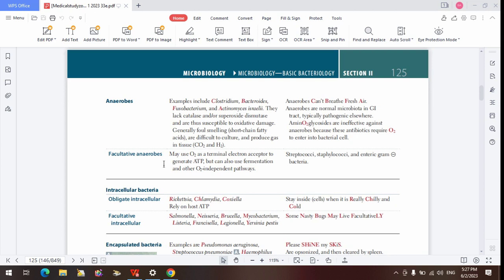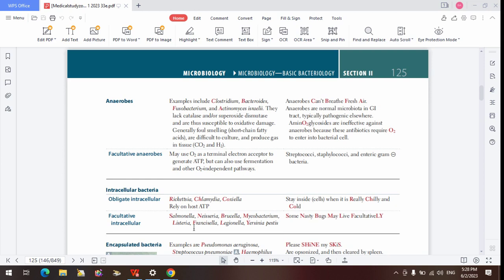Some of the electrons transmitted in the electron transport chain get transmitted to oxygen, which converts the oxygen to water. So you transfer electrons to oxygen, you get water, and they use that oxygen accepting electrons to generate energy in the form of ATP. They can do that when there's oxygen, and if there's no oxygen, they can go through the anaerobic pathway and ferment their polysaccharides and carbohydrates through an oxygen independent pathway.